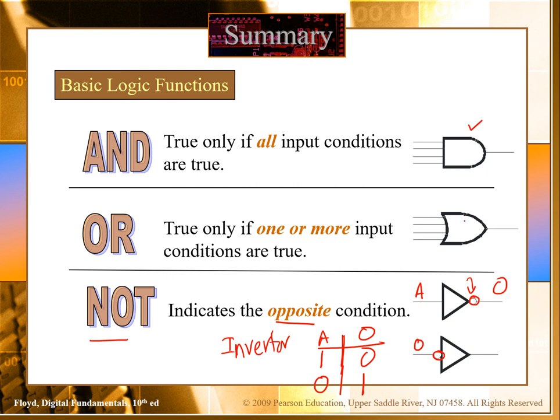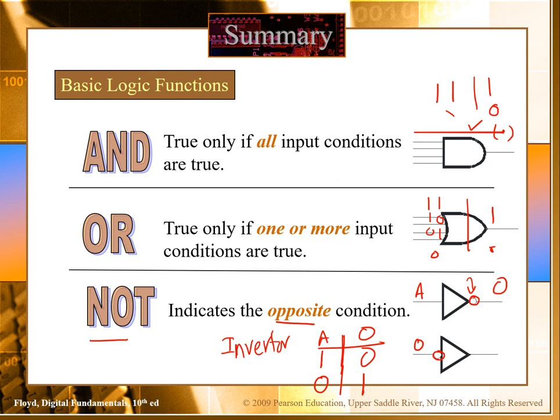So we have the AND gate, which is a kind of multiplication, and is true only when all input conditions are true. Otherwise, in all other cases, the output is 0. The OR gate: if at least one of the inputs is true, your output will be true, otherwise 0.